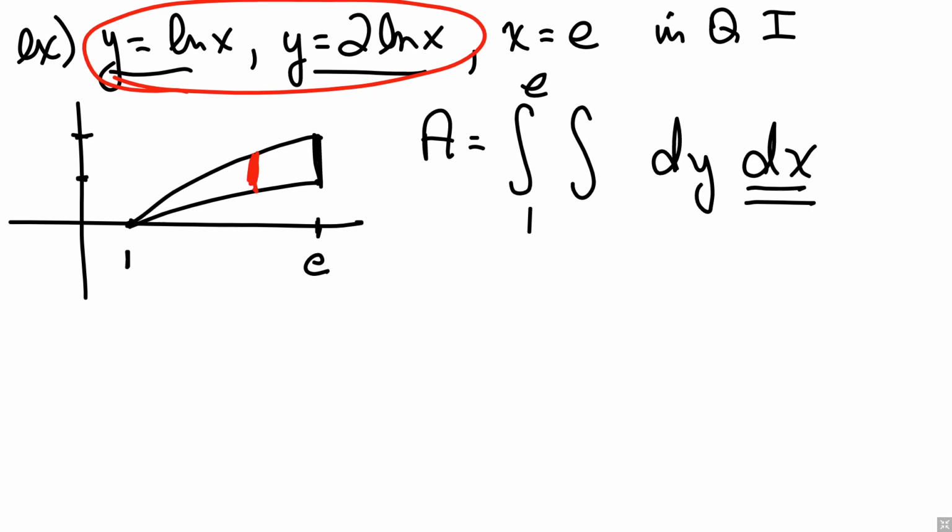So the bottom function is represented by what? Yes, ln of x. And the top is represented by what? 2 ln x. Okay. And this is what we have. Any questions?